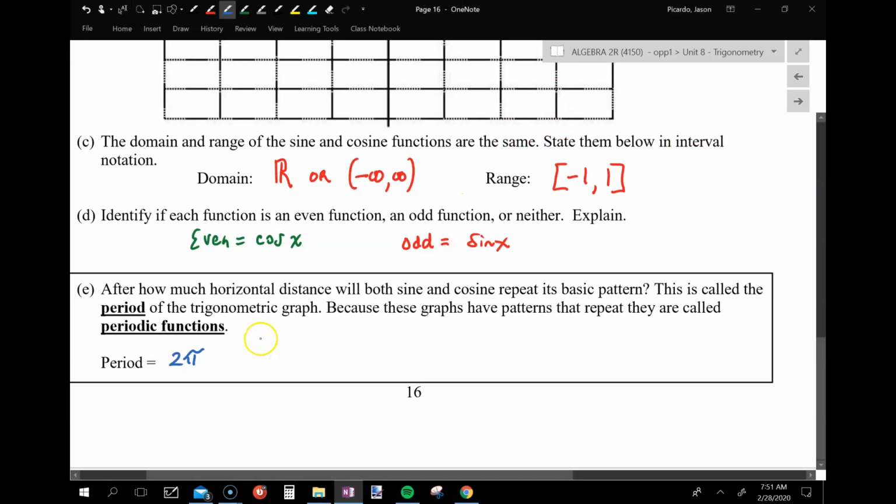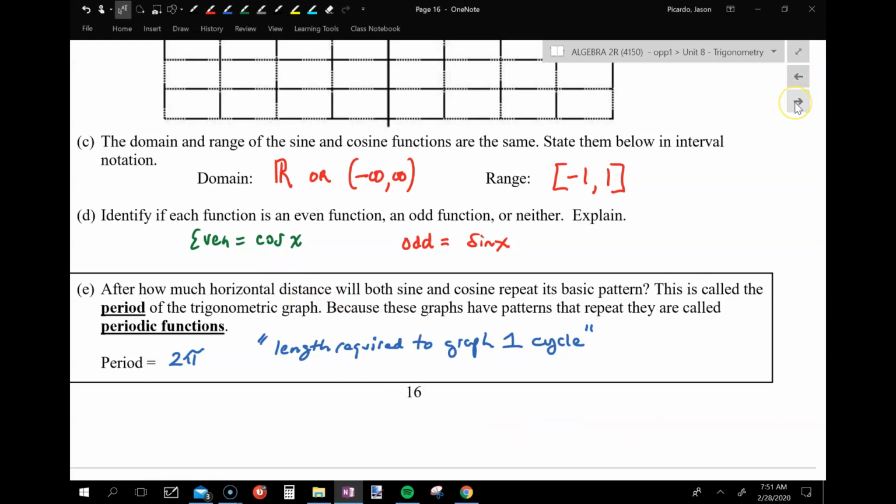And make a note, guys, that is the length required to graph one cycle. Cool?